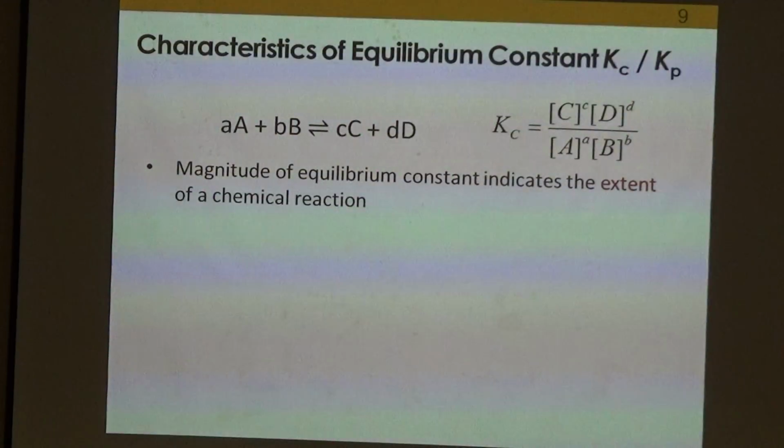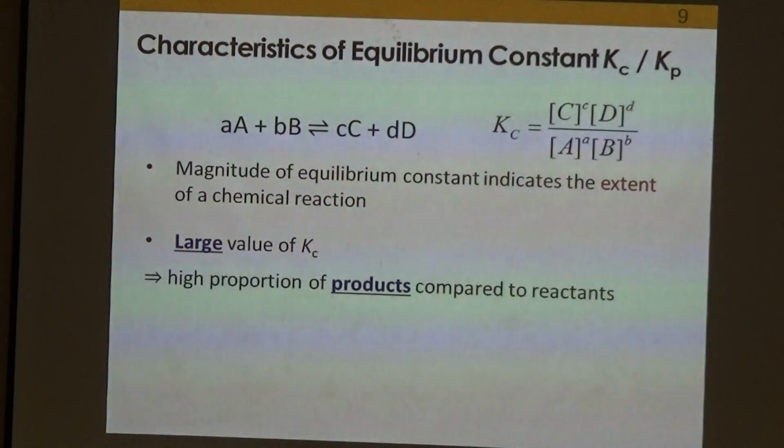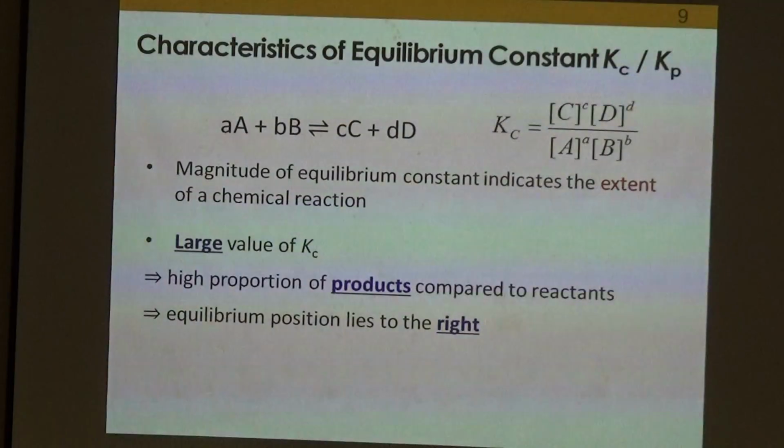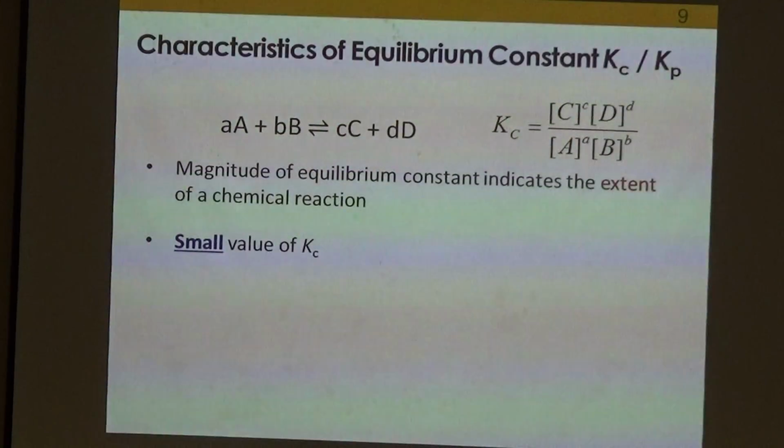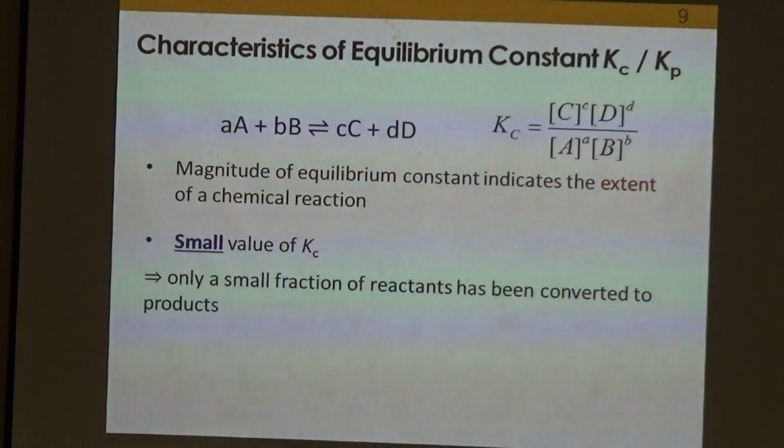If I have a Kc of like 10 million, then it probably tells you that the reaction is essentially one way. Almost all of it will form the products. So a large value of Kc means a high proportion of products compared to the reactants, and the equilibrium position lies to the right. With a small value of Kc, only a small fraction of reactants has been converted to products.